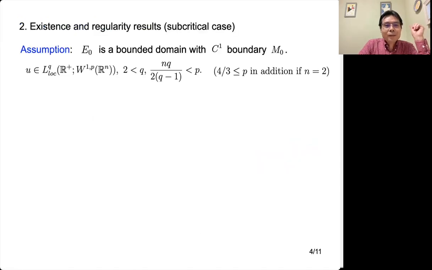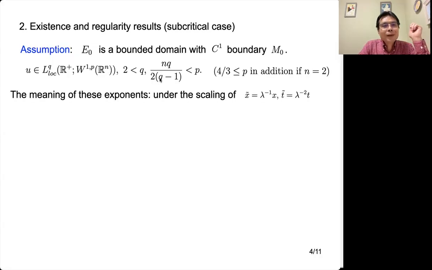And then note that for this quantity U, q cannot be 2. q equal to 2 is not possible because of this. And also, if q is equal to 2, note that if it's 2 here, here's a 2, and then n, so 2n, so n equal to p is going to be a critical case.